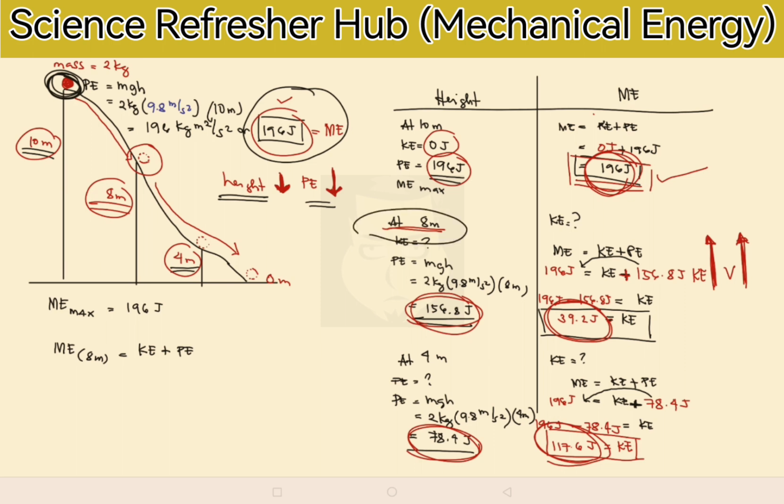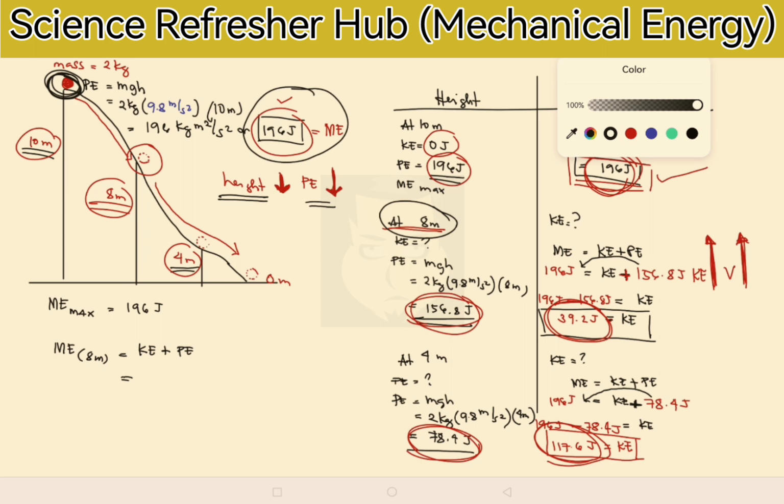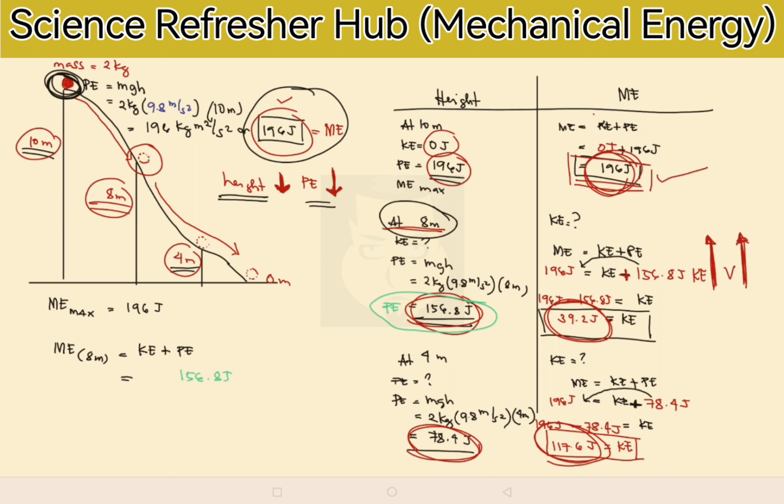So at 8 meters, our PE, what's the value? It's here. Maybe I will use another color. Okay, this is our PE value. So it's 156.8 joules. That's the value of PE.